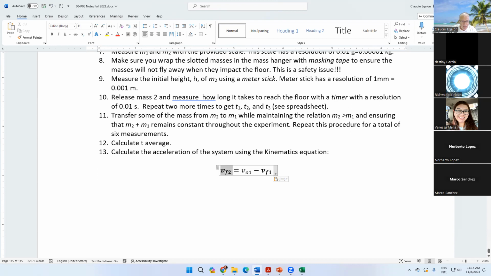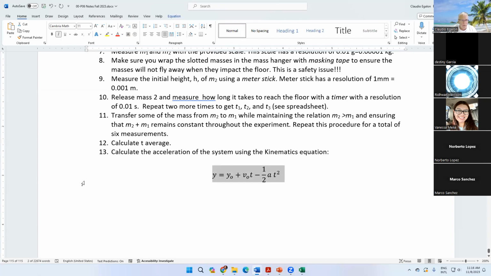The system is accelerated, so we must have y equal to y naught plus v naught t, right? Minus half a t squared. That's the kinematic equation that you gotta use.